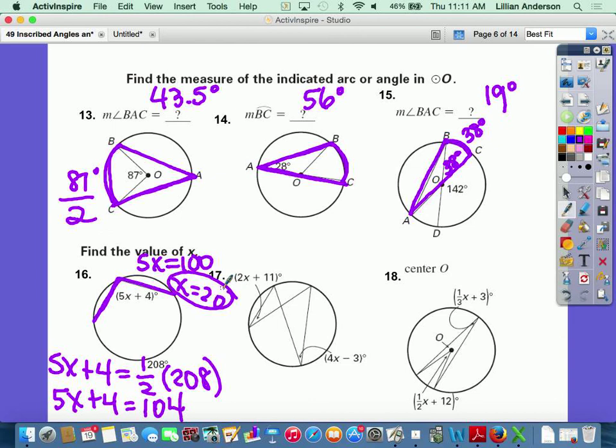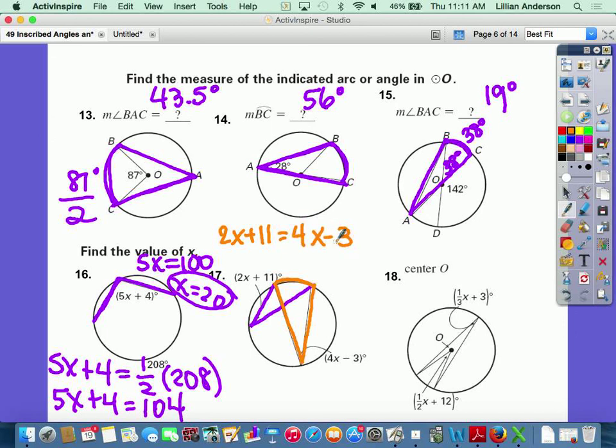Over here, I'm given this angle, and I'm also given this angle. Both of those angles, the purple one and the orange one, are what kind of angles? Inscribed. And if you notice, their intercepted arc is the same, so they're congruent. Because they share the same intercepted arc, the angles are congruent, so you set them equal to each other.